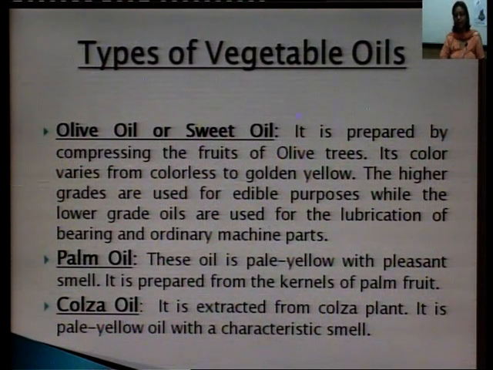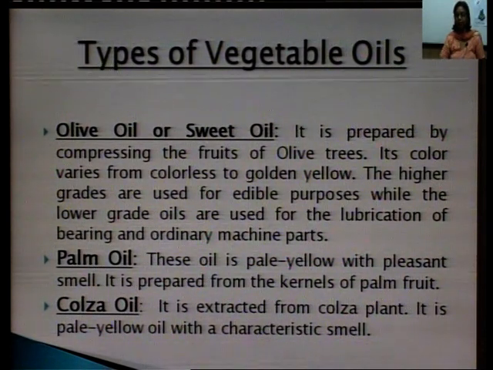The higher grades are used for edible purposes, while the lower grade oils are used for the lubrication of bearing and ordinary machine parts. So, that means olive oil is actually used for food, but the lower grade olive oil is used for the lubrication of bearing and the ordinary machine parts.